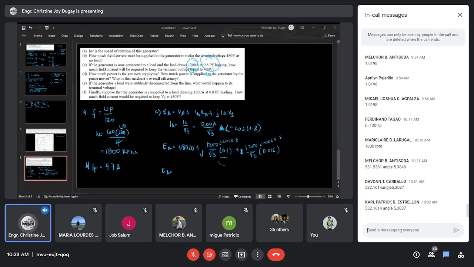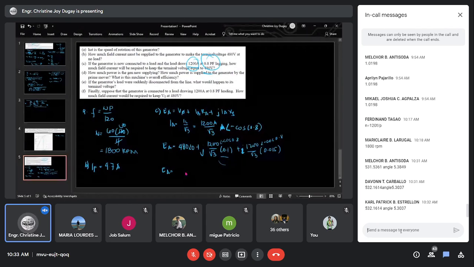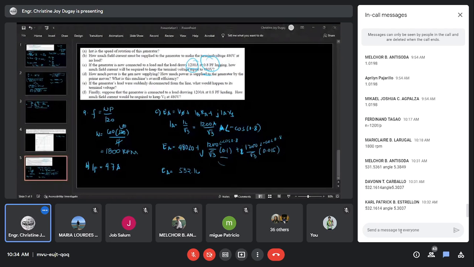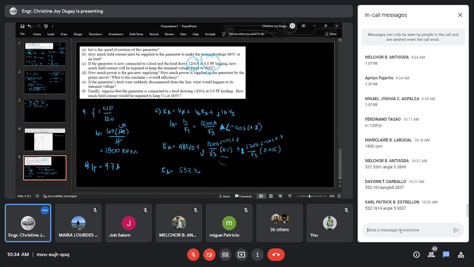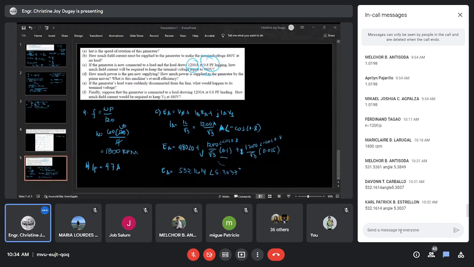Melchor, Davon, Estrelon. How about the others? Ilan po nakuha nila? According to them, that's 532.1614. Tama po ba? That is 532.1614. Angle of 5.3037 yata degrees.